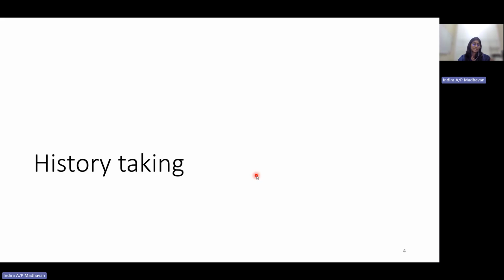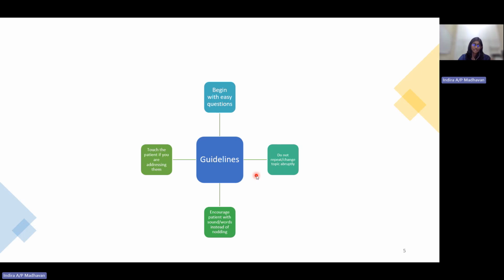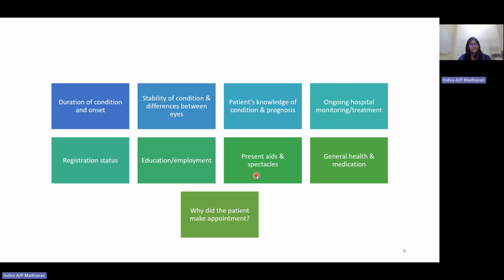Then comes the history taking. History taking is divided into two, as I mentioned: general history taking and task related history taking that we perform on patients. General history taking covers topics related to the general conditions of the patient.